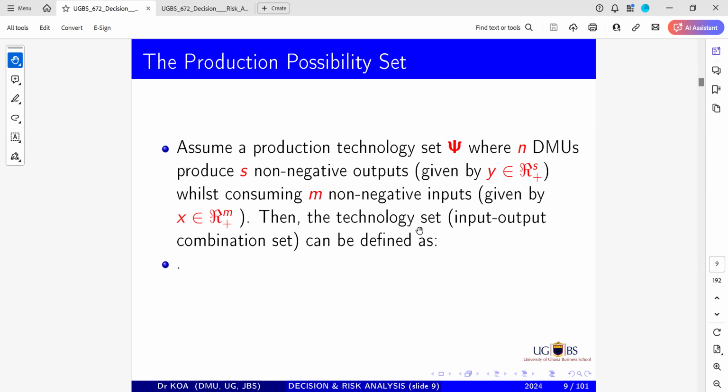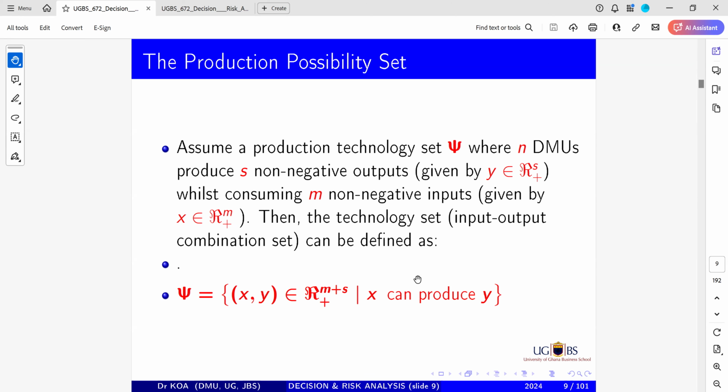On the basis of this, we can define the production possibility set, the technology set, or the input-output combination set. We can define it as this, where the psi is a set of the input and output being a member of positive numbers in such a way that X can produce Y. This is a general way of defining the production possibility set.